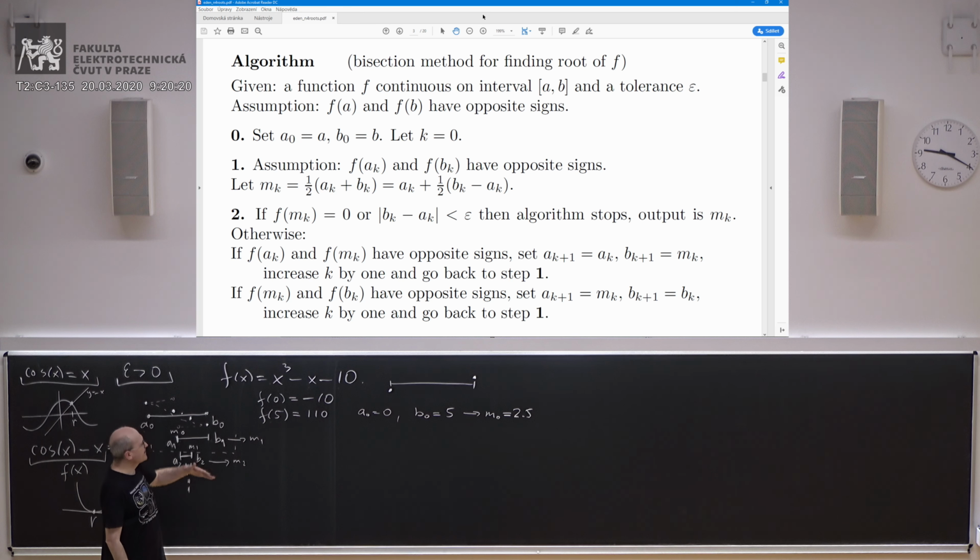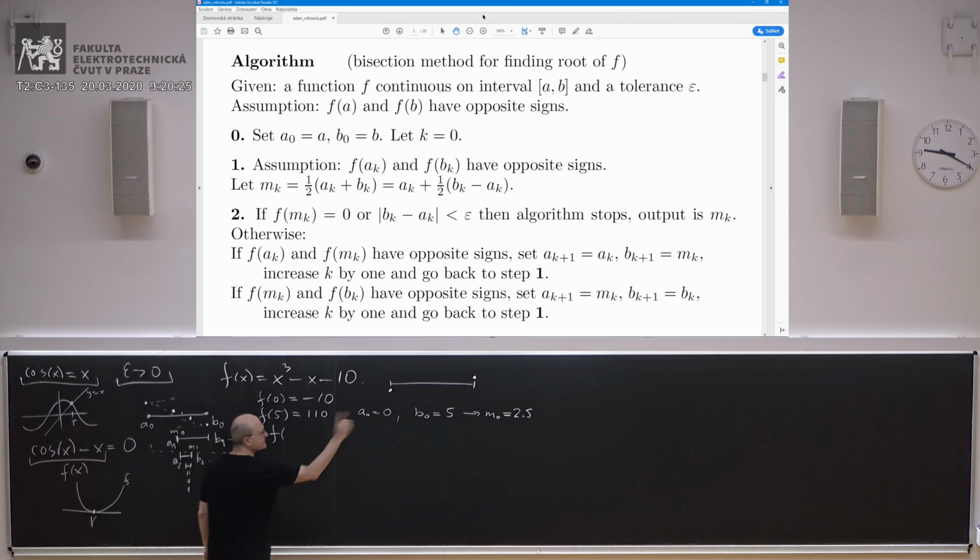Okay, let's say that I'm not happy with this answer, so I keep going. I take this average, this midpoint, and I substitute. Okay, let's try it. 2.5 squared is 6.25, and I still have to multiply it by 2.5. 6 point something multiplied by 2.5 is 12, 15, 15 and a little bit. 15 and a little bit minus 2.5 is 13 and a little bit, minus 10 is 3 and a little bit.